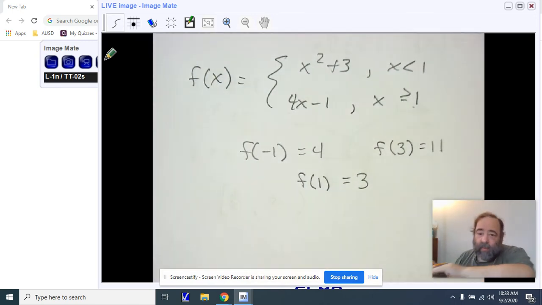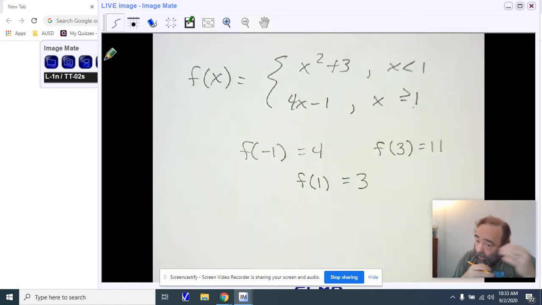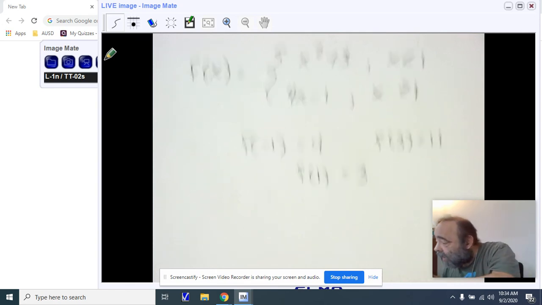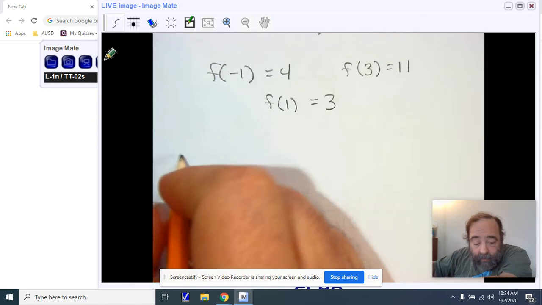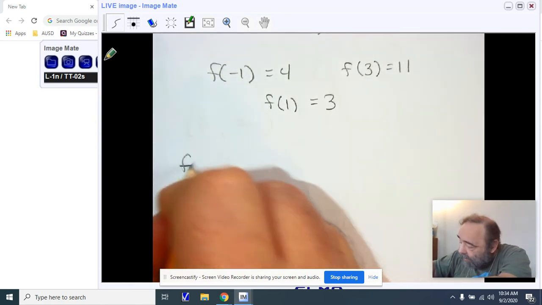So always look for what value you are trying to evaluate. That's the x. Look for the domain. Once you find where that x is contained, plug it into that function or expression of that function and find your output.